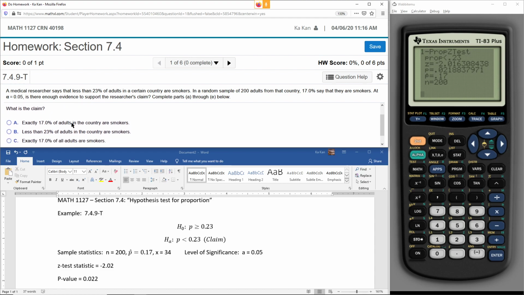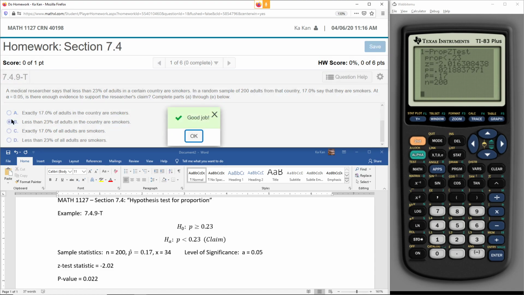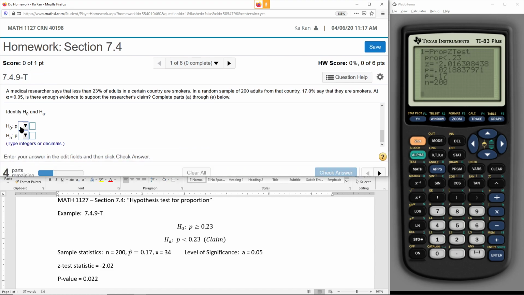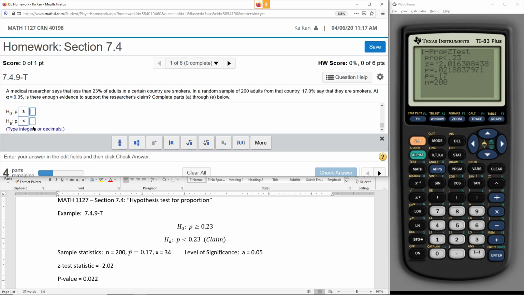So what is the claim? The claim is less than 23% of those are smokers. So this is just what we did a second ago. That's greater than or equal to, and this is less than, and that's 0.23.